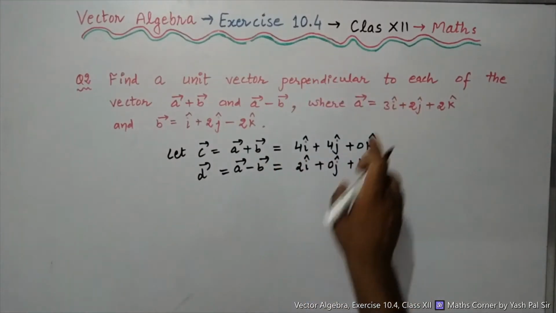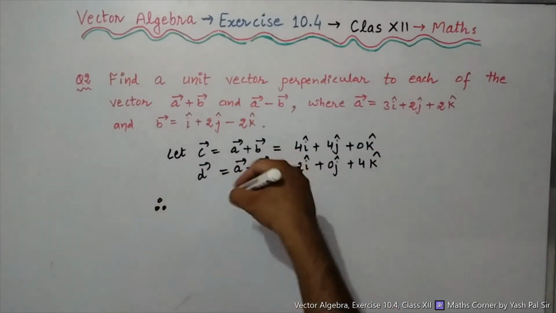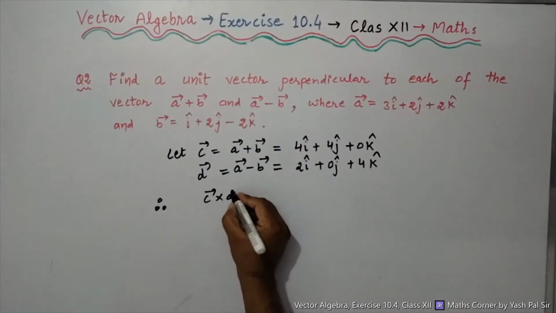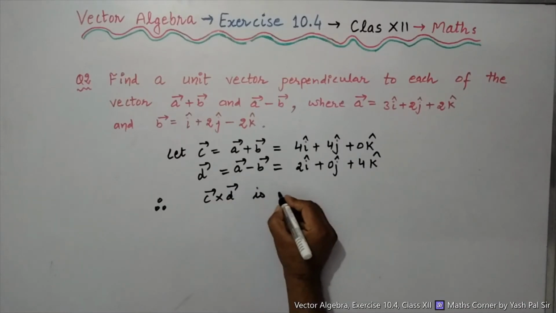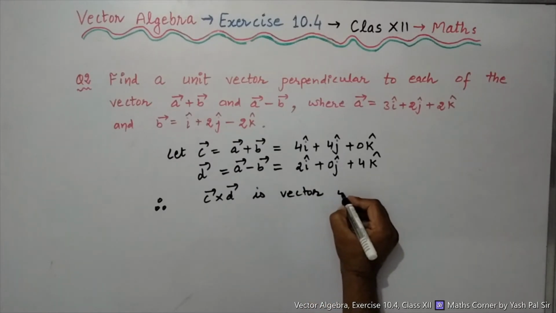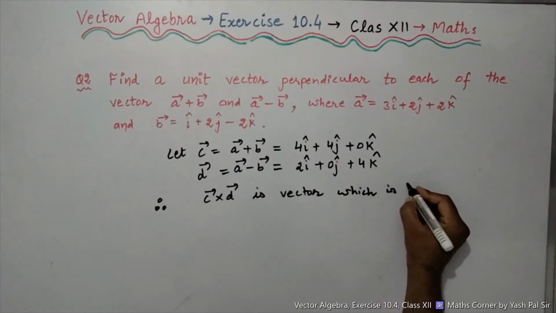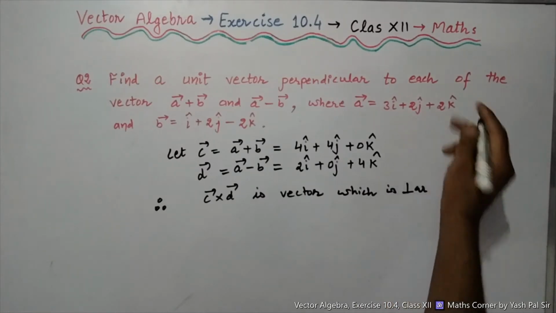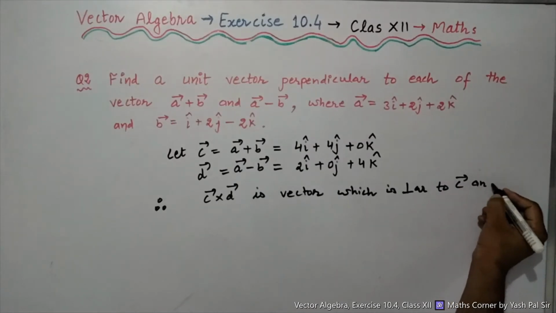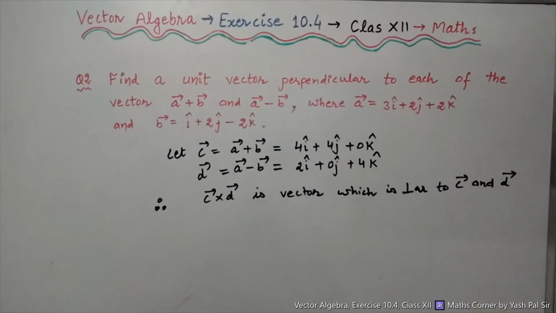So find a unit vector perpendicular to each. So in order to find the third vector, c cross d is the vector which is perpendicular to vector c and vector d.